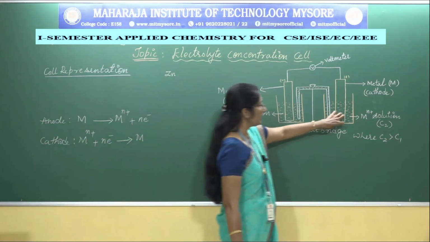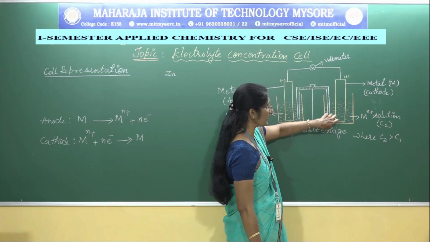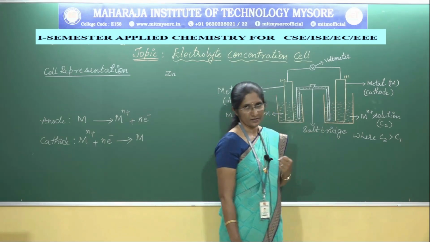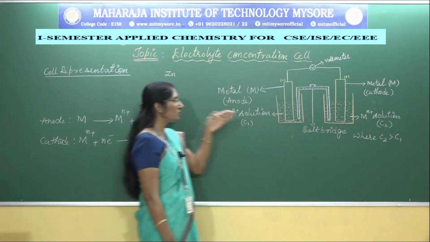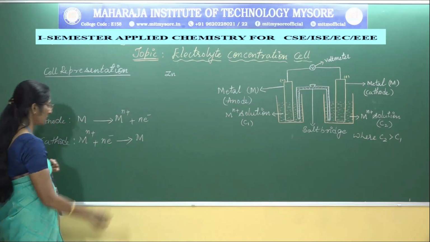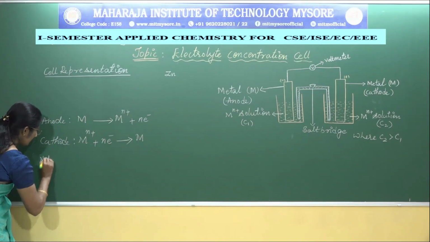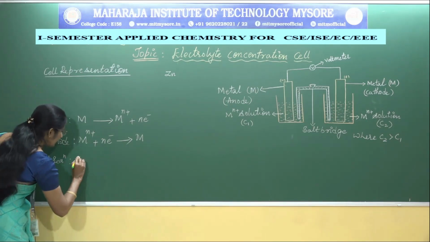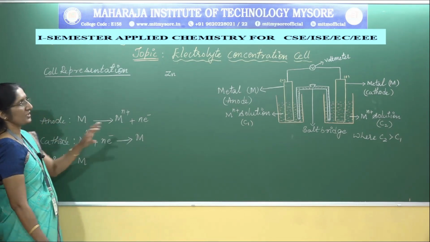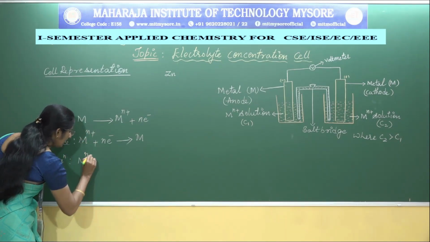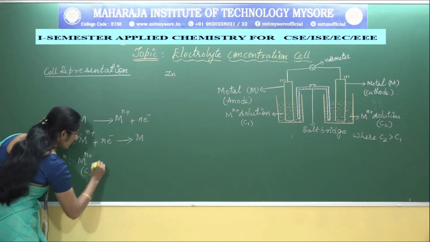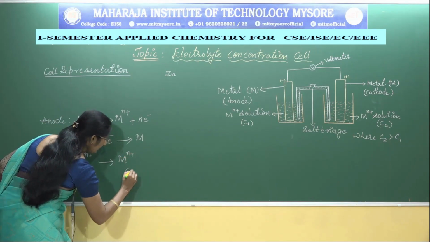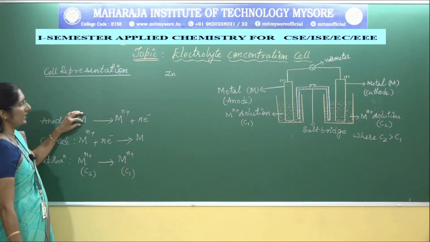Observe that the metal ions present in the solution migrate towards the electrode and gain the electrons, and they get reduced. Then what is the net reaction or overall reaction? The net reaction or overall reaction in an electrolyte concentration cell is simply the change in concentration, that is, M^n+ at concentration C2 changes to M^n+ at concentration C1.